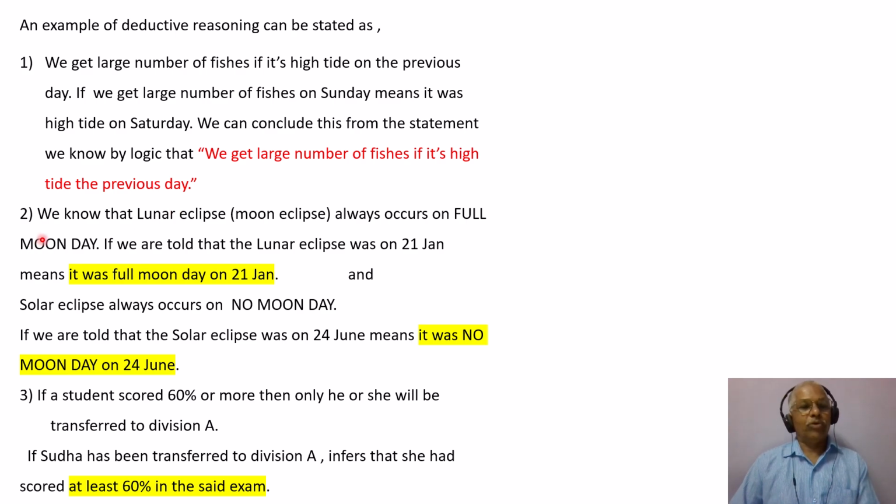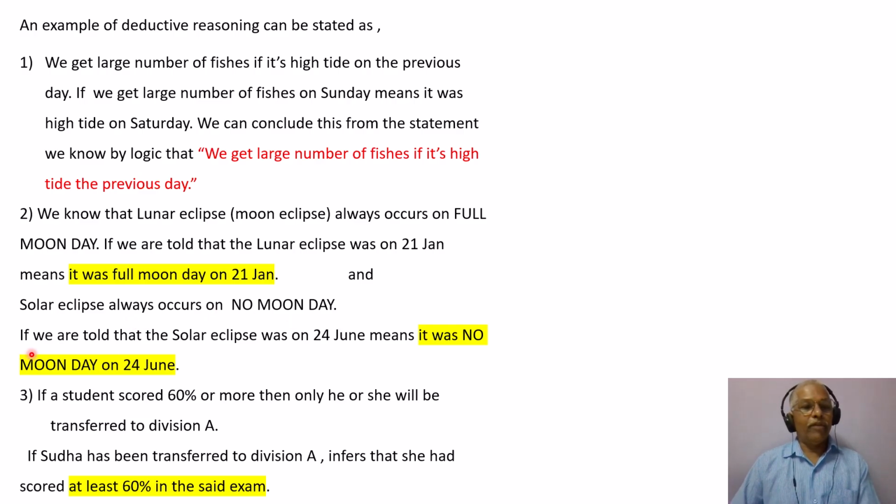Now second one, we know that lunar eclipse, that is moon eclipse, always occurs on full moon day. If we are told that lunar eclipse was on 21st Jan, it means it was full moon day on 21st Jan, because lunar eclipse always occurs on full moon day, and solar eclipse always occurs on no moon day.